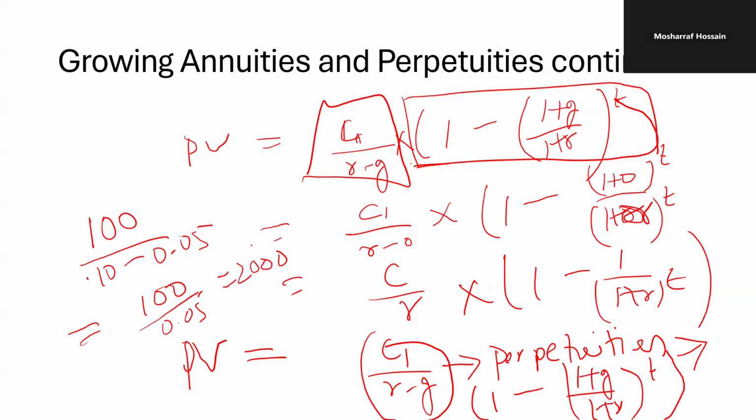So when cash flow grows at a constant rate forever, the present value of that $100 first cash flow growing forever will be $2,000. Whereas if this cash flow grows at 5%, but the number of cash flows is only 5, the present value is $415. I hope that this helps.